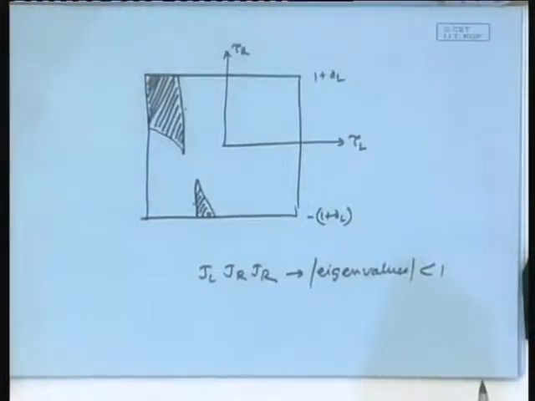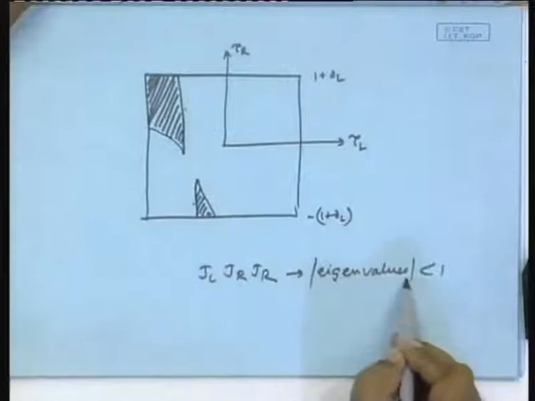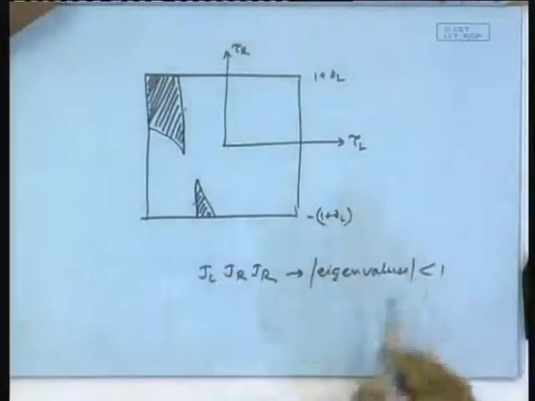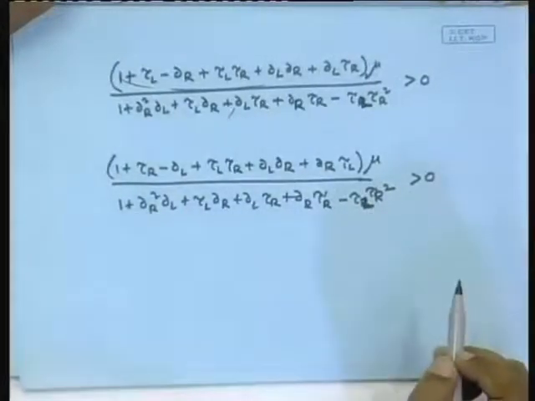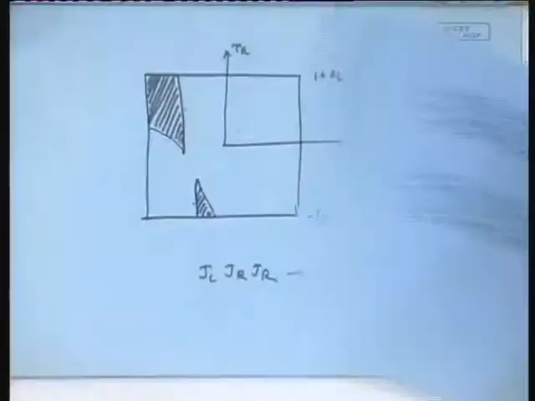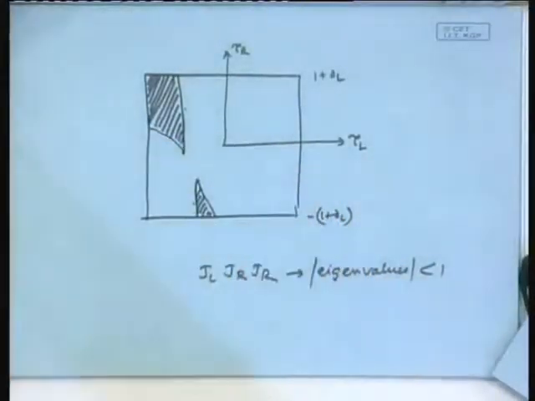That is the condition. Now, if you obtain that, then you will see that one of the eigenvalues can be plus 1 or minus 1. The plus 1 condition will turn out to be exactly the same as the denominator, if you do it easily. So, this line is also the condition for its stability. This side it will be stable.